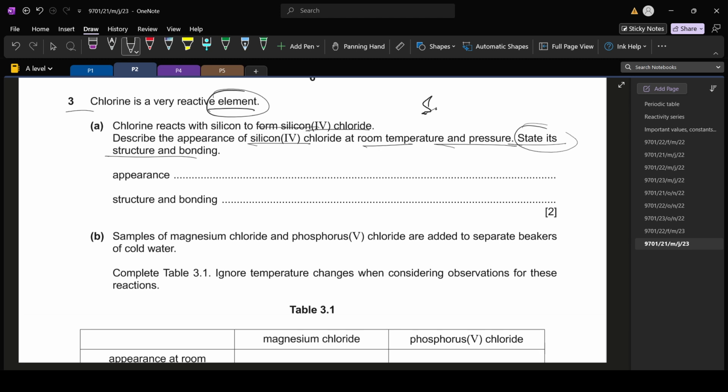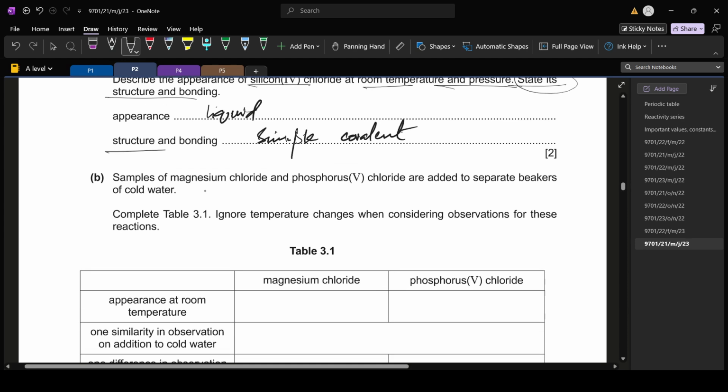So it's actually SiCl4, and it is liquid at room temperature and pressure, and it has a simple structure and covalent bonding. So it's simple covalent structure and bonding.